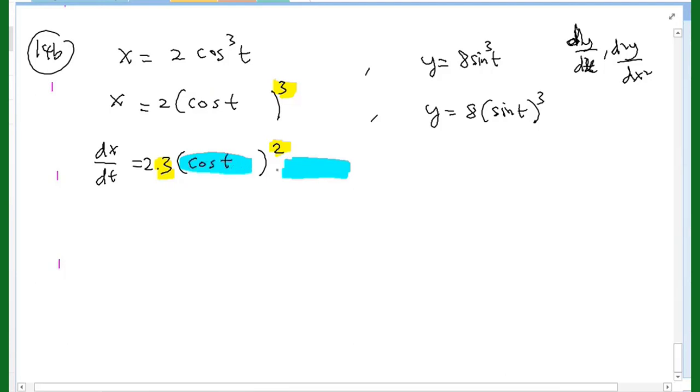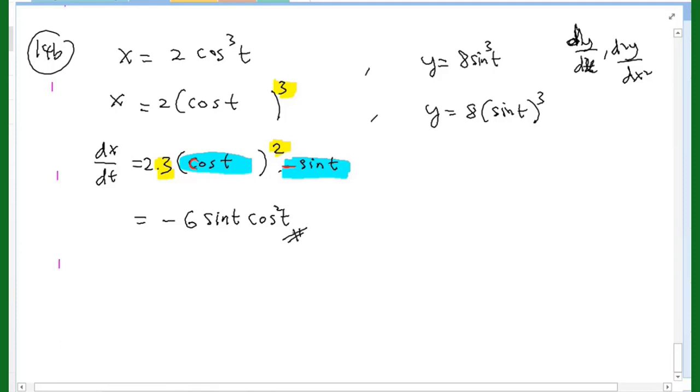This one is cos t. Differentiate cos t, what is the answer? Differentiate cos gives sin, but because it is cos, it is negative. Yeah, negative, right? Then simplify. Negative 6 sin t cos t squared.